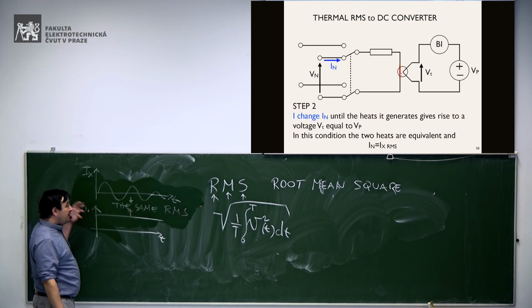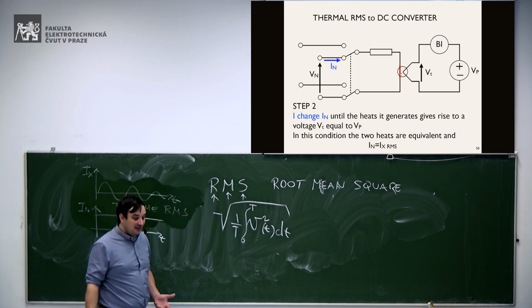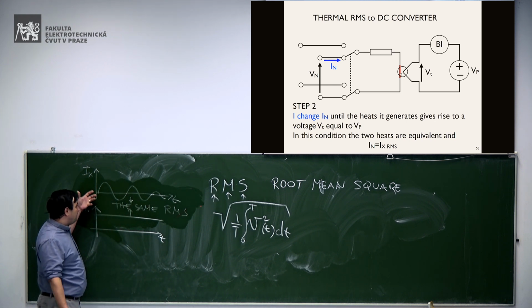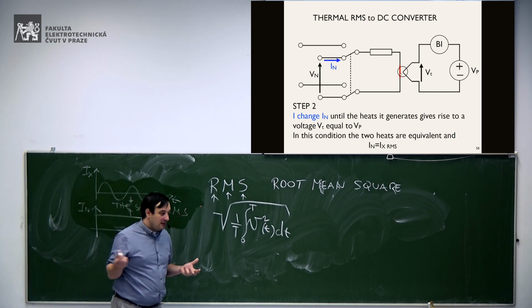It doesn't matter if the heat is produced by an AC current or a DC current. It is still heat, okay? If you produce an amount of heat by an AC current or a DC current, you don't care, okay?